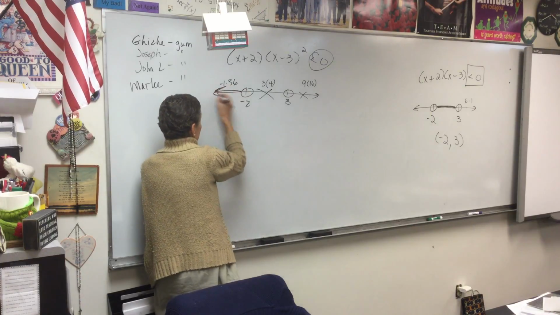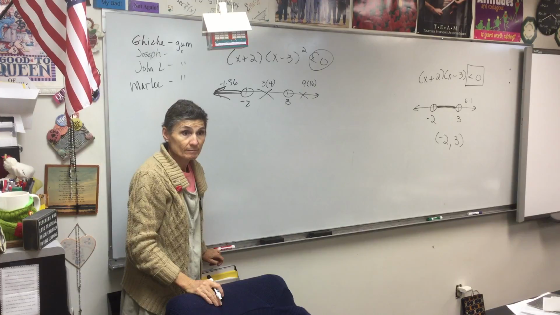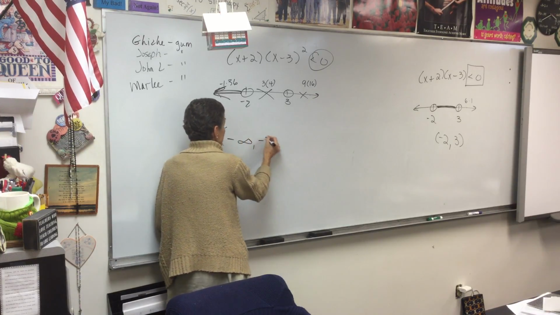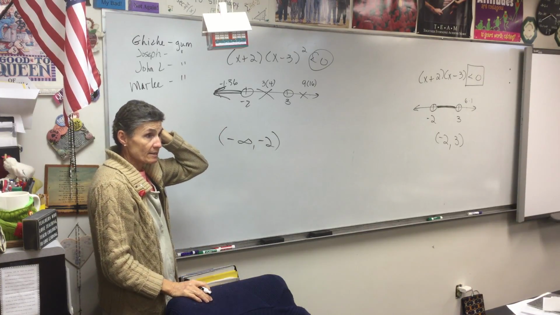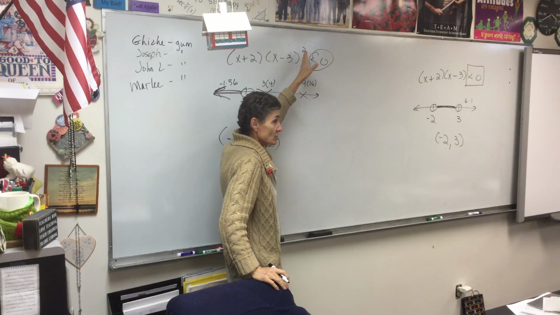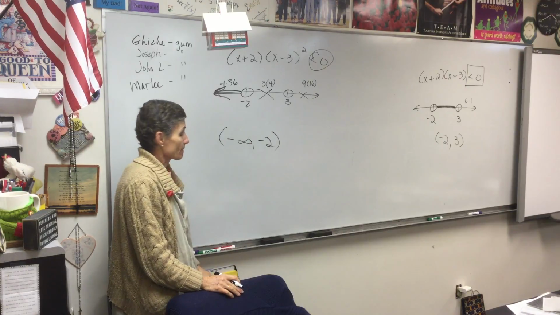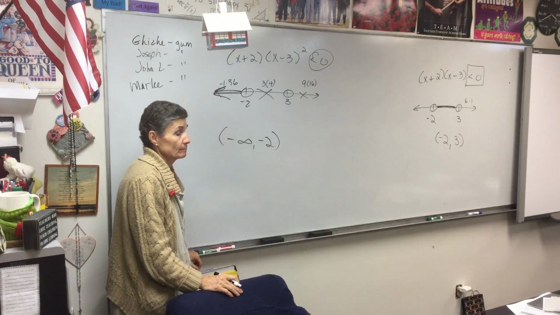So this section is the only section that works. So -infinity to -2. No, they only alternate if you don't have anything weird in the problem, like a square or a square root. This is your answer.